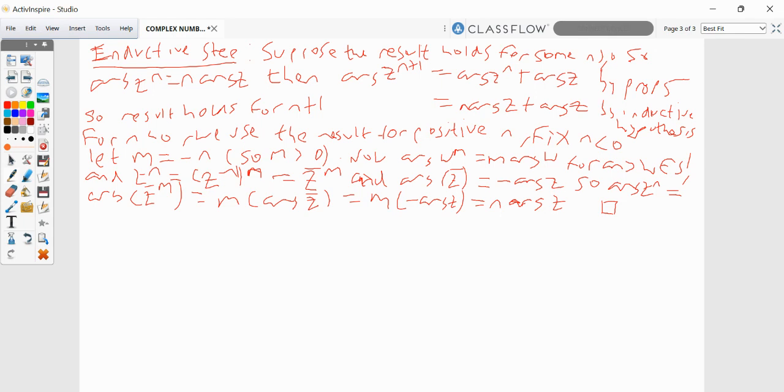And the example of where this is quite useful, so this is the last thing we'll do for now. The example is the trig compound angle formulae.